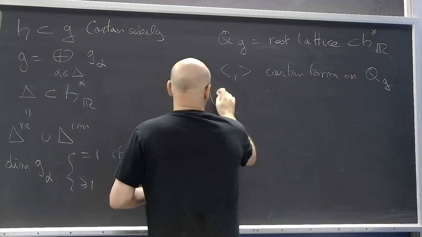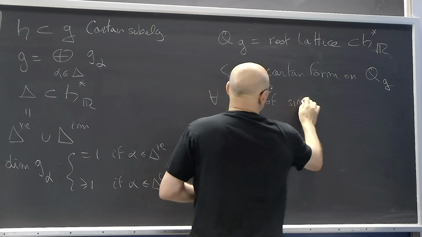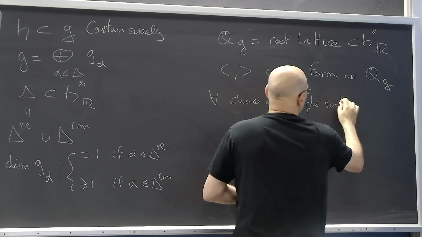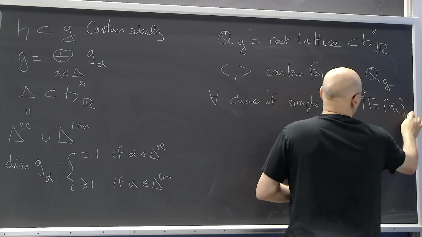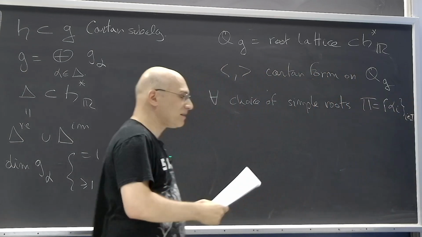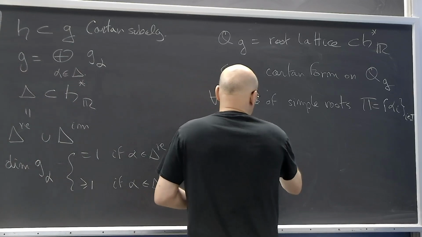And for any choice of simple roots, pi alpha I, so I would be in the vertex set of this Dynkin diagram, I have a decomposition.